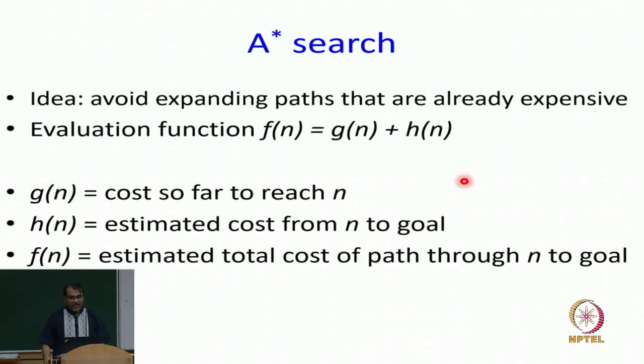So G(n) is the cost so far, H(n) is the estimated cost to the goal, and therefore F(n), which is equal to G(n) plus H(n) in A star, should be thought of as the estimated cost of the path from the start state to the goal through n. See if you can get that intuition. It is not only looking at H, which is greedy best first search.